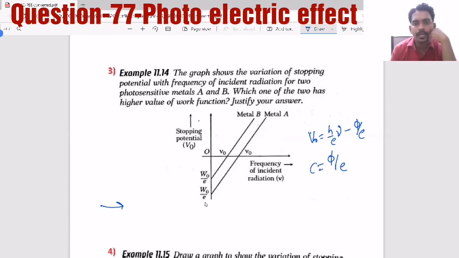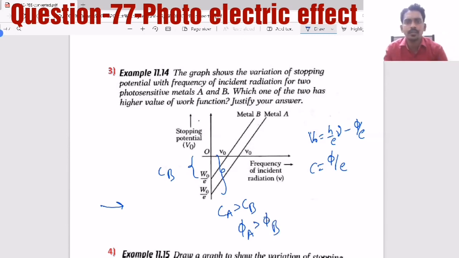Here, this is the intercept for metal B, but the intercept for A is this one. Now, intercept is more means work function is more. So, intercept for A is greater than intercept for B, so the work function for A is greater than the work function for B because e is same for both of them.